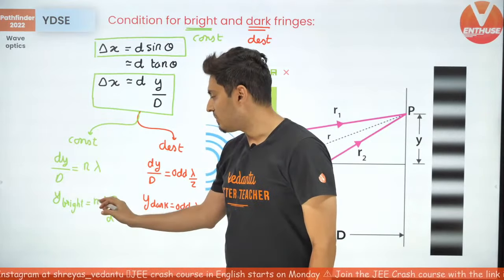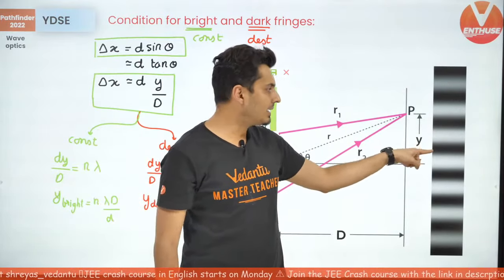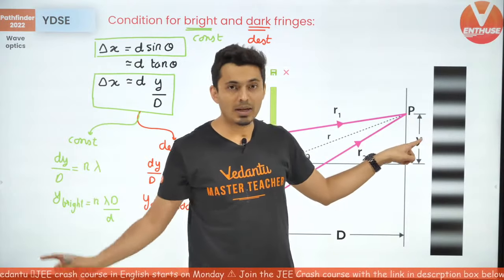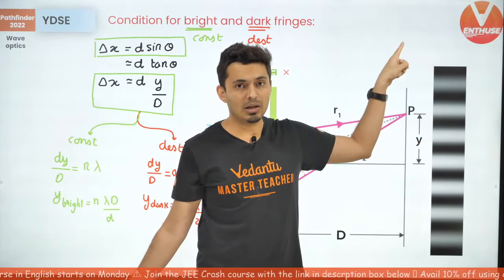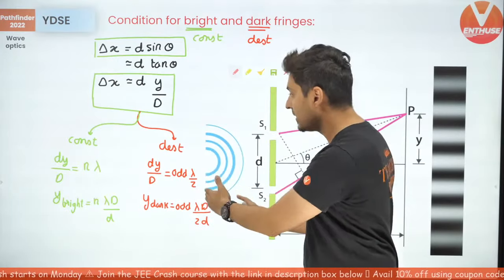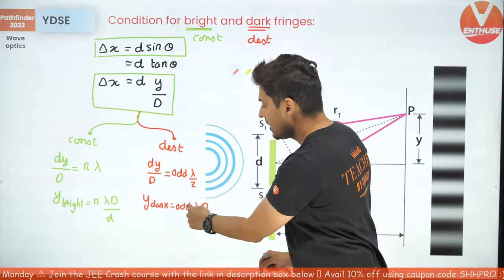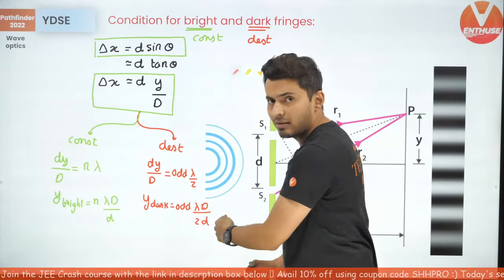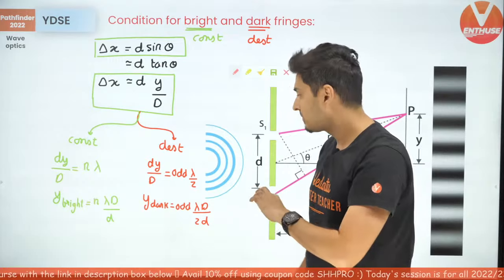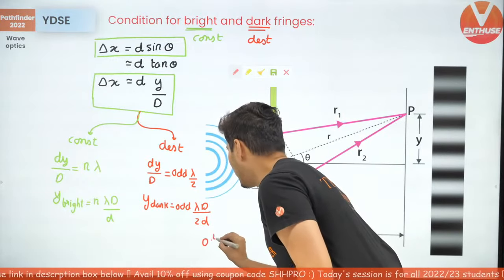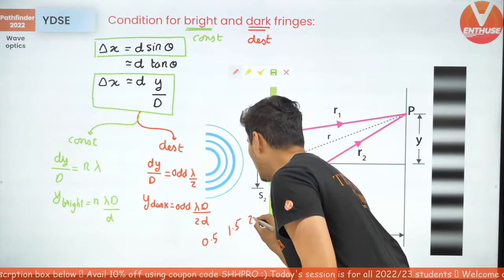When n changes from 1, 2, 3, 4, you will get bright points at y equal to lambda D by d, 2 lambda D by d, 3 lambda D by d, and so on. Same thing for destructive, for odd numbers 1, 3, 5 and so on. 1 by 2 is 0.5, 3 by 2 is 1.5, so you get 0.5, 1.5, 2.5.